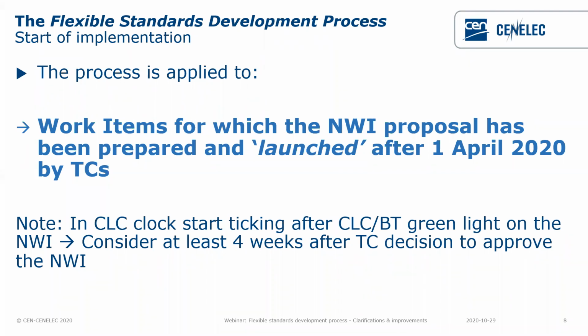That's why for CENELEC work items, it took some more time before starting implementation, because we need to count the 4 weeks of consultation in BT after the new work item was approved by the CENELEC TC. And from that moment, we reach stage 10.99, and the clock has started to tick.